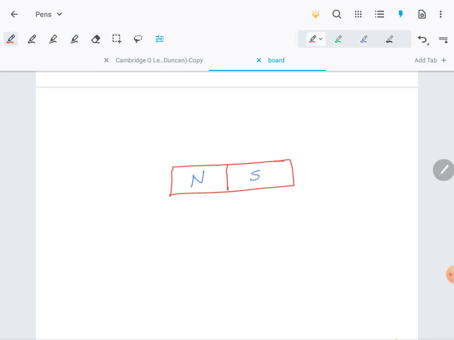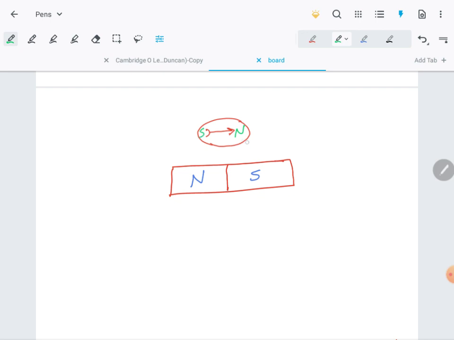Now, if I have a compass here, the compass has two ends. Number one, the head of this arrow is the North Pole of the compass, and the tail is the South Pole.